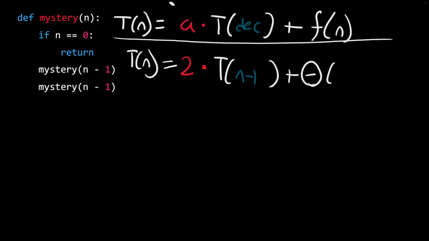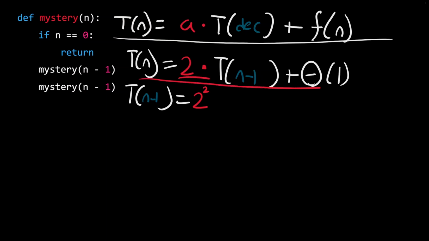And now we can substitute this back into our equation. What that'll give us is T of n minus 1 equals 2 times T of n minus 2, because we're calling this function again. So the more we substitute, the more this is going to increase.